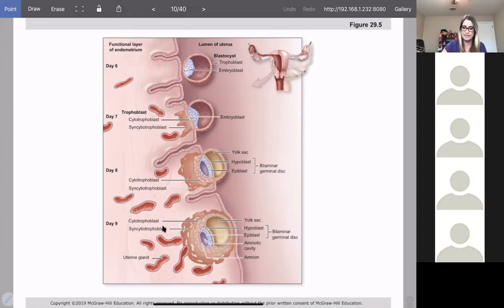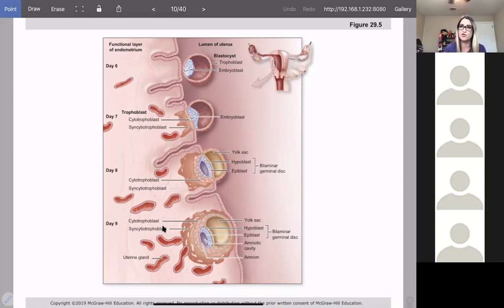And then the yolk sac right here, which is our first extra embryonic membrane that forms. And then wherever they come together is the bilaminar germinal disc, okay?